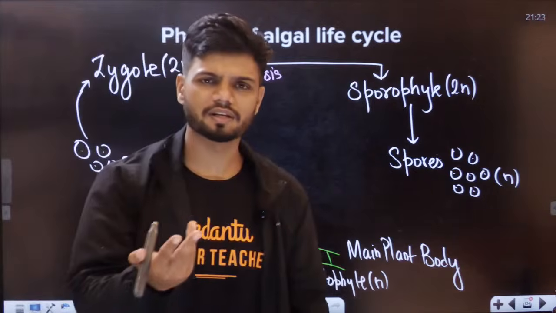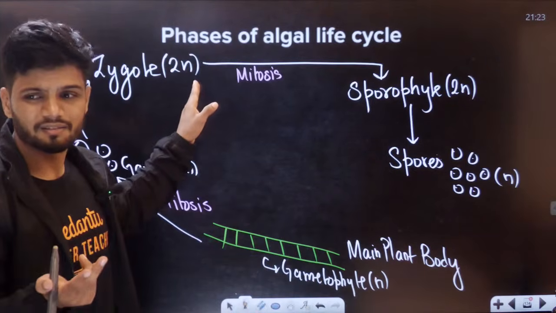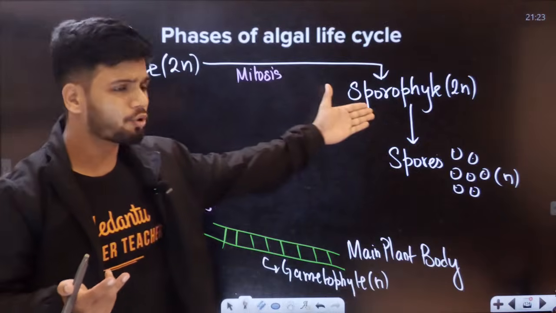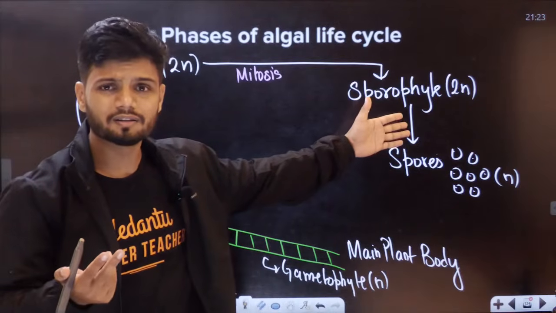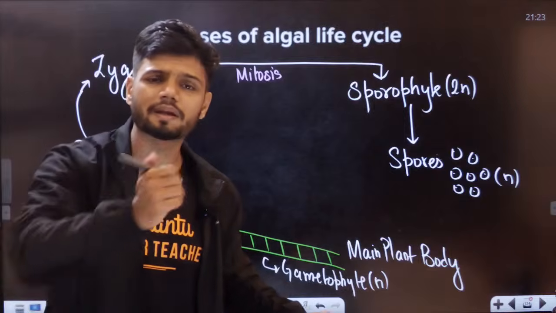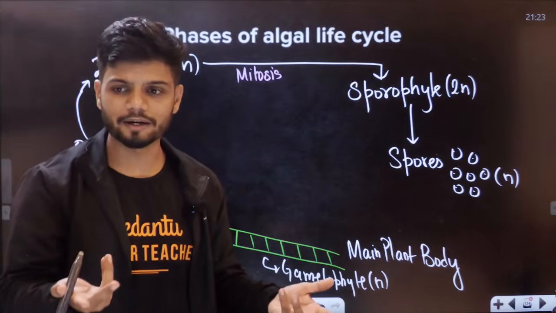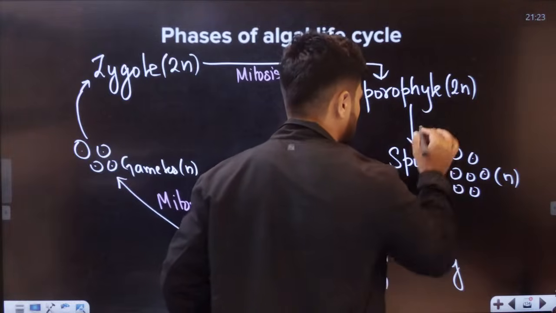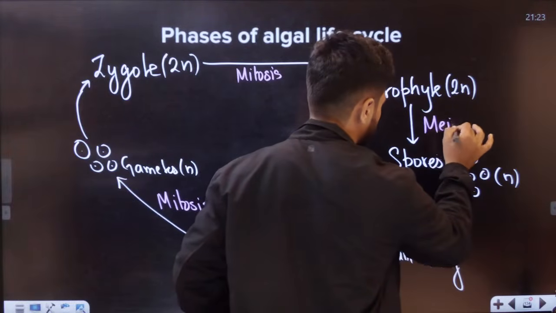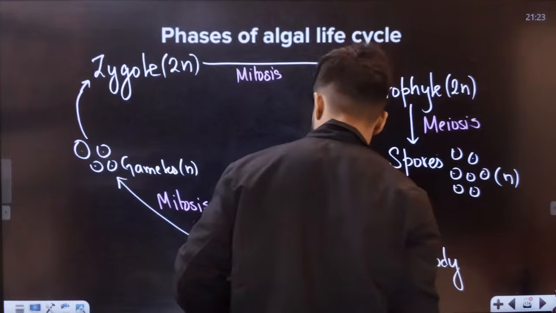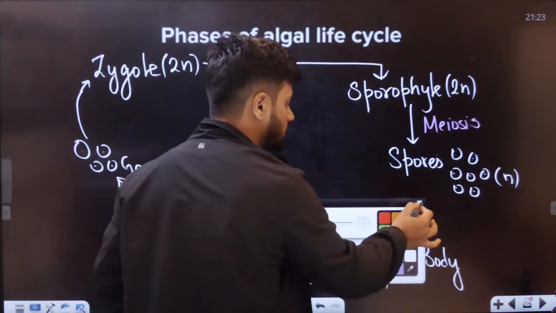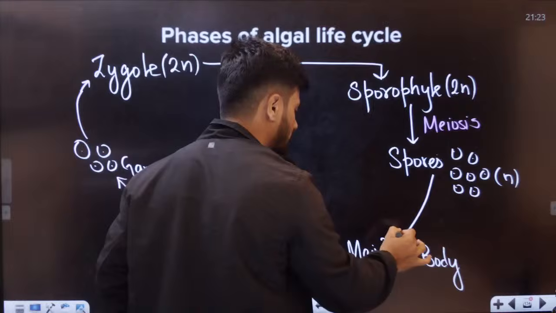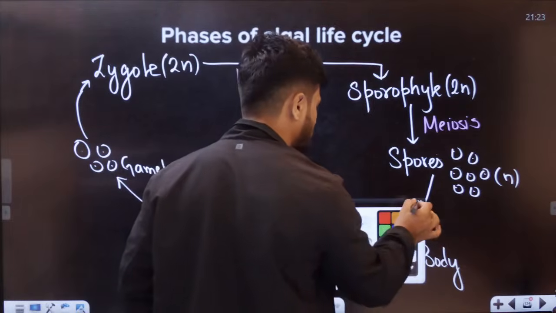Zygote is one cell, sporophyte is multicellular. How can we go from one cell to many cells? We need mitosis. Now, here we have meiosis, students. These spores will develop into the main plant body by mitosis again.